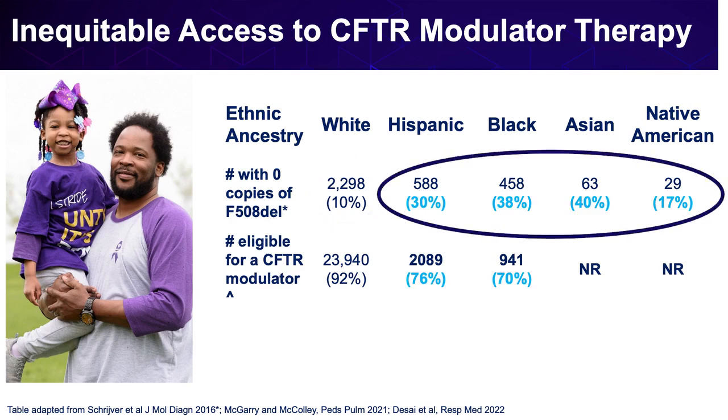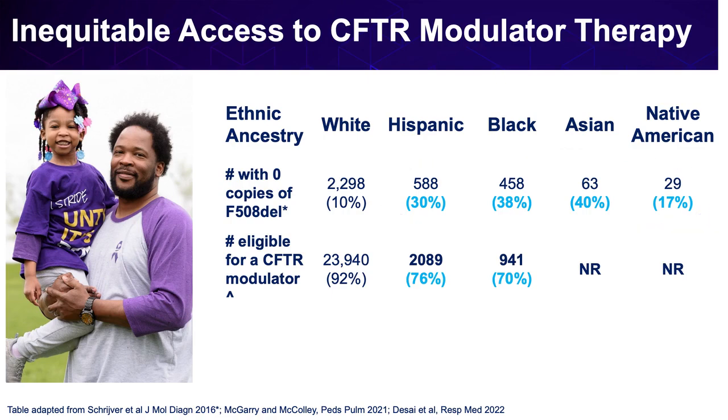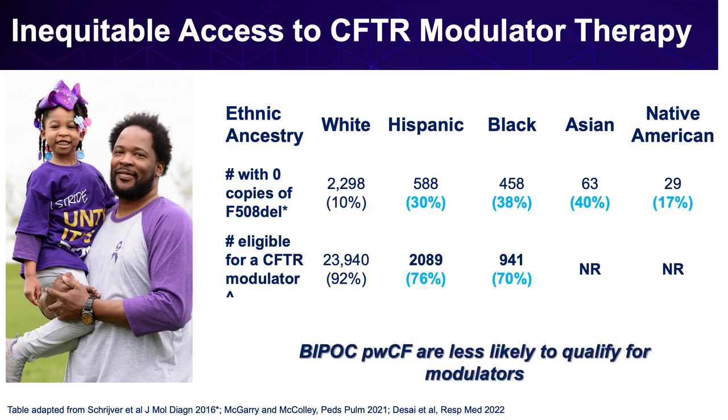But if you look in people who are Hispanic, Black, Asian, and Native American, it's much less likely that they were going to have an F508del, which would have made them eligible for this therapy. And in fact, if you look in the US CF patient registry, it's much less likely that people who are Hispanic or Black actually are prescribed these medications because they don't have the variants that make them eligible. So Black, Indigenous, and people of color who are likely to be diagnosed late, as we've already discussed, are also less likely to be eligible for these life-changing medications.